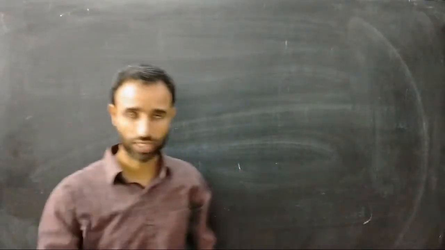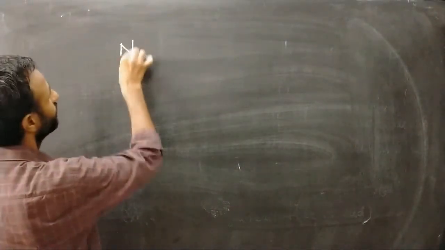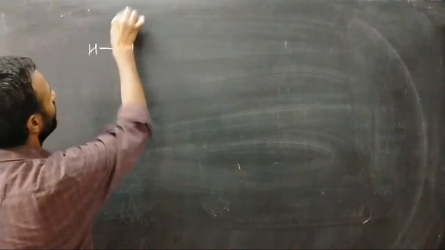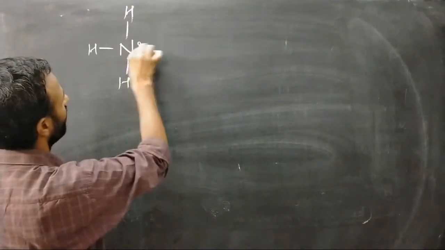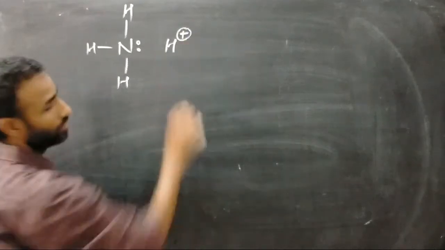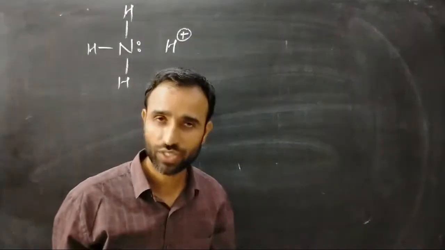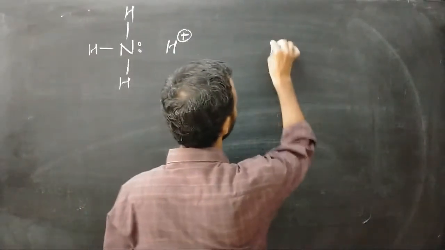Coordinate bond, I think you could figure out. One more example I can give, like ammonia and H plus. You know H plus means with no electron.